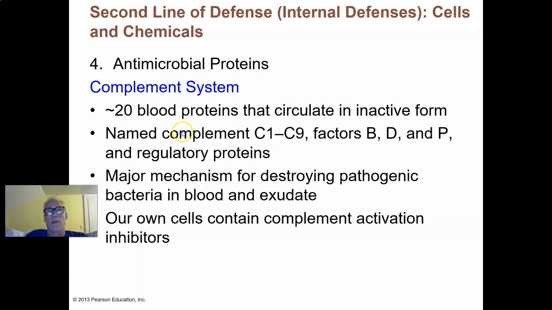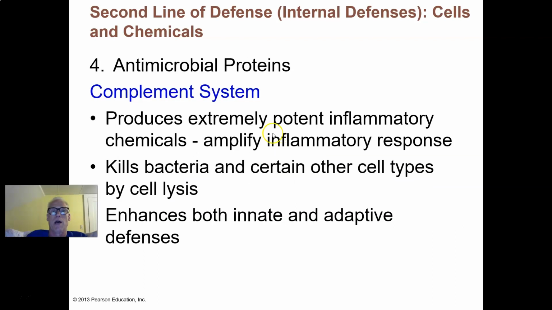And those are in the circulation waiting for something to do, for their special time to come. And when microorganisms come into the blood, or if they spill out in the exudate or from a leaked blood vessel into the surrounding area where there's microorganisms, they'll help us get rid of them, kill them, and get them phagocytized.